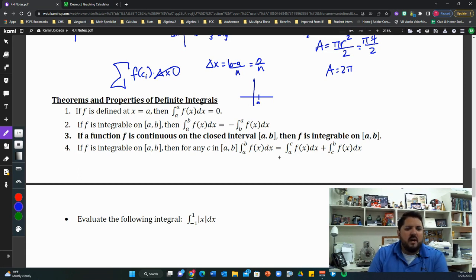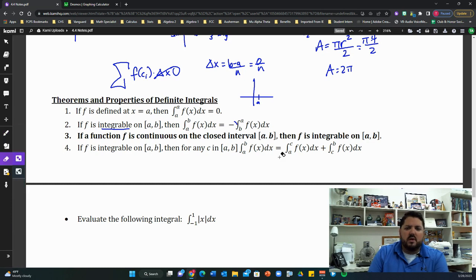Second one: if f is integrable, which basically just means it's a continuous, smooth region where I can calculate the area under the curve, on the interval a to b, then the integral from a to b of f of x dx is equal to the opposite of the integral from b to a.